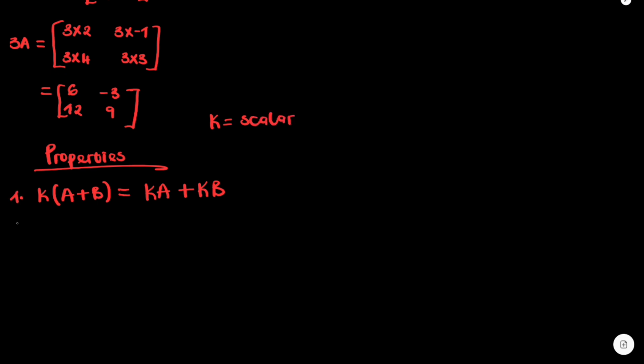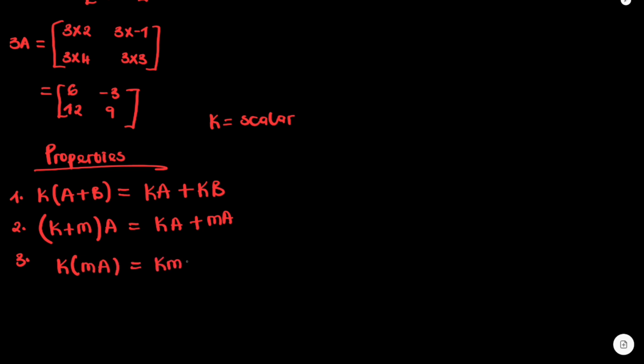So this is the first property. The second property, (K plus M) into A equals KA plus MA. The third property, K into (M A) is equal to (K M) into A.